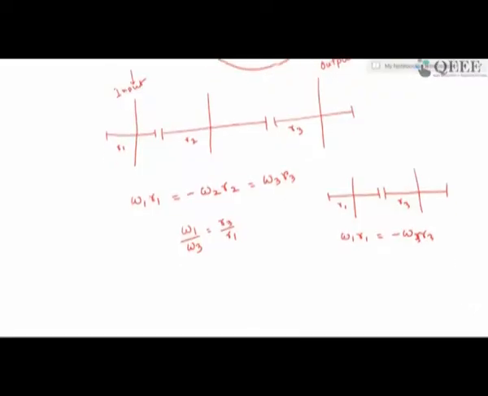So what we have achieved in compound gearing is this set of three formulas: omega 1 R1 is equal to minus omega 2 R2, omega 2 is equal to omega 3, and omega 3 R3 is equal to minus omega 4 R4.